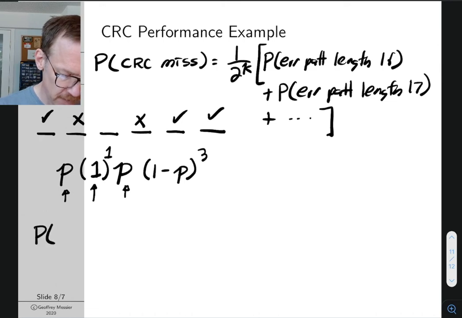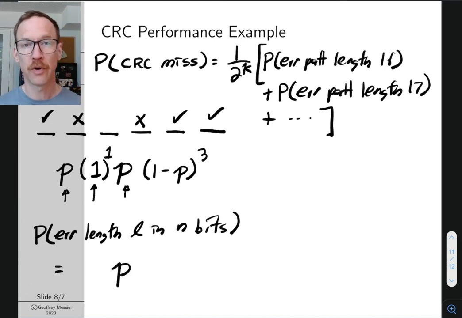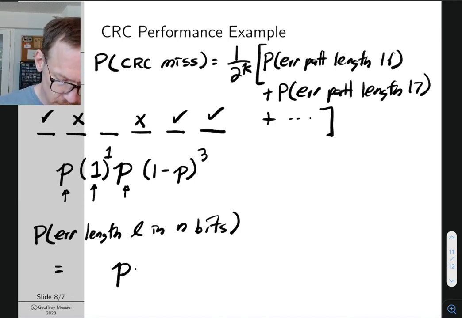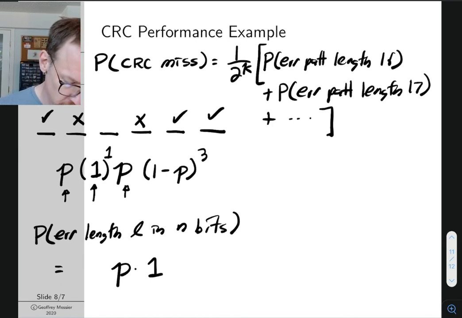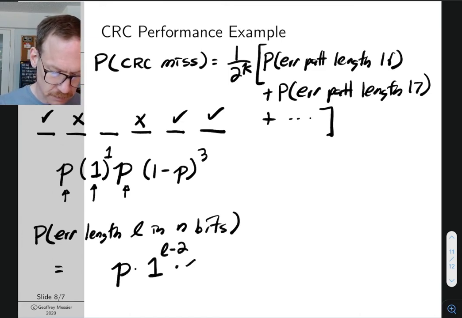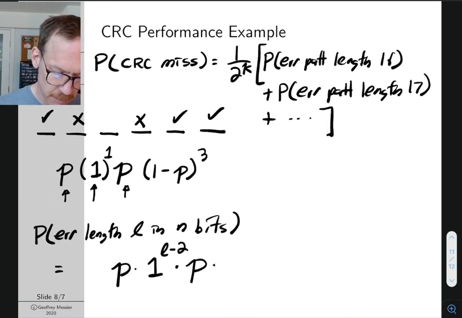So the probability of having an error pattern of length L in n bits is equal to a single p for the first bad bit, times 1 raised to the exponent of however many bits we have in the middle of our error pattern, which is equal to L minus 2, times the bad bit probability p for the last bit in our error pattern, multiplied by the probability that all the other bits outside our error pattern are good.